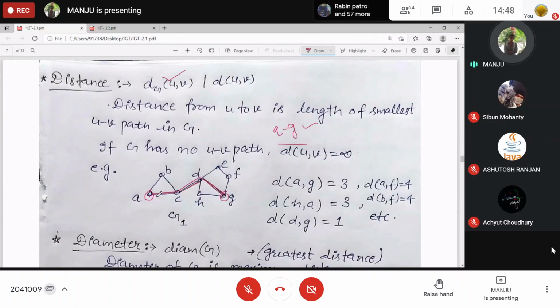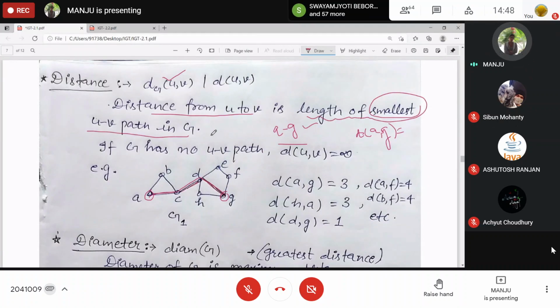So what is the length of this A to G path? Not the length of an A to G path, but the distance. Distance from A to G. There are many paths, but you will look for the smallest one. Distance from u to v is the length of the smallest u to v path in G. So here it is 3.